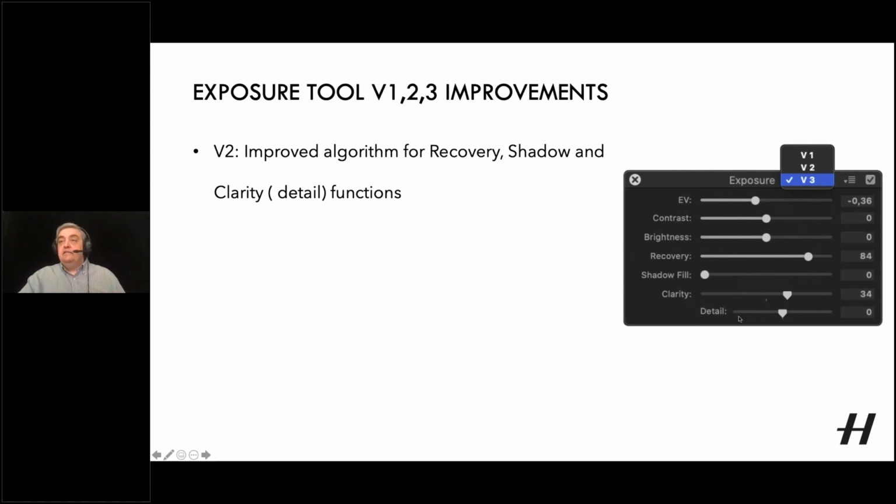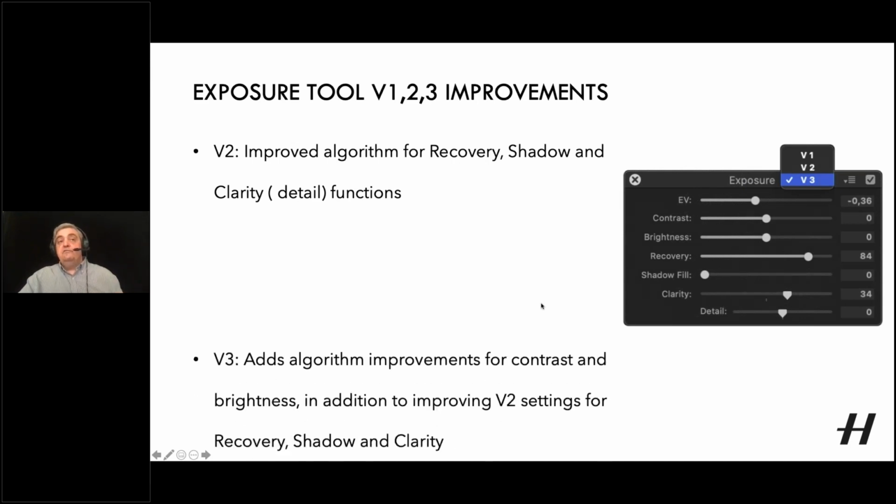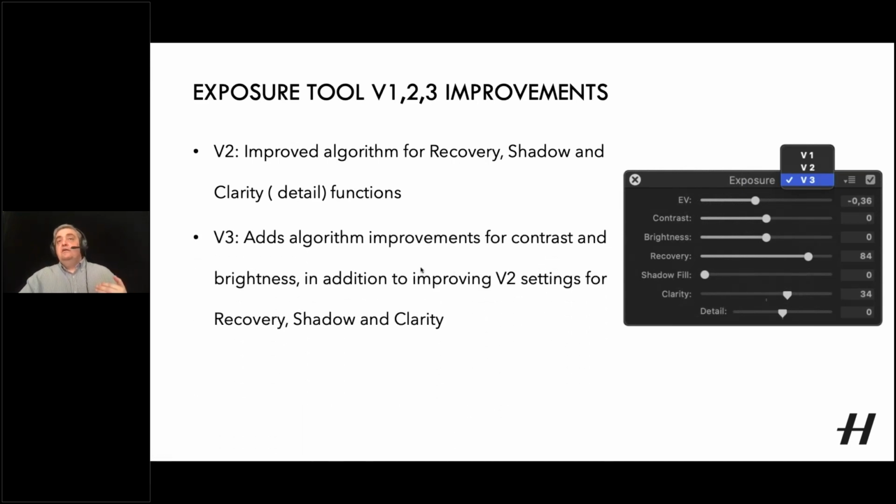In addition, we added in a detail tool, which allows you, in conjunction with the clarity tool here, to modify how much of the fine detail the clarity tool affects. So that was a big step forward. And then with the current version, V3, we took the particular settings for recovery, shadow, and clarity and improved them over and above version 2. But more importantly, we added in improvements for the handling of the contrast and brightness sliders. So the whole exposure tool was basically updated again.